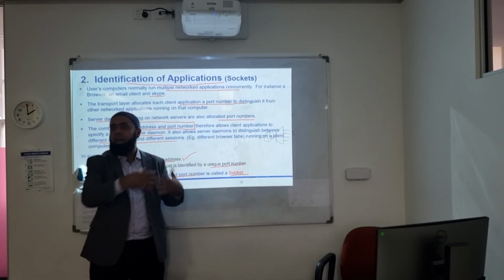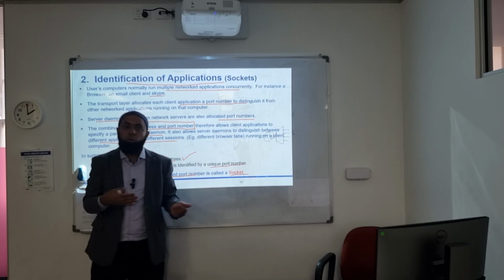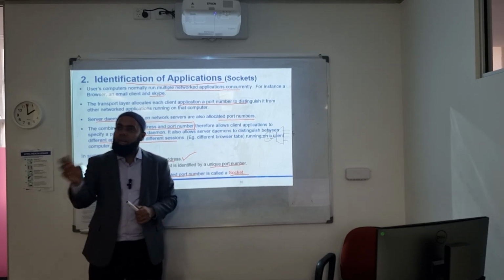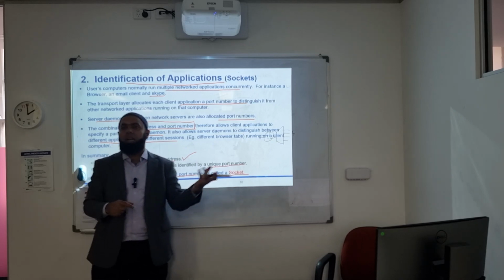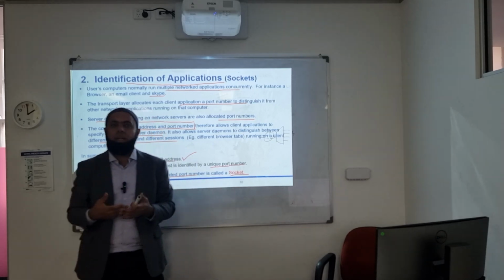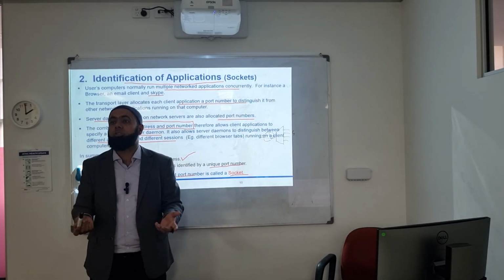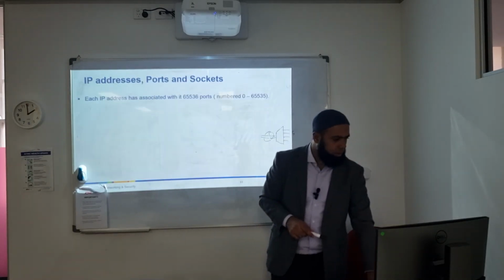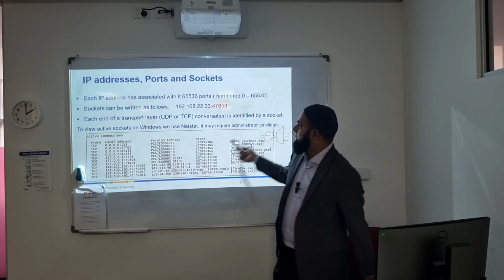There is a world of apps inside your own computer, and every app has its port number. With that port number, and of course the IP address of your computer, the whole thing is known as a socket. So this is an example here.